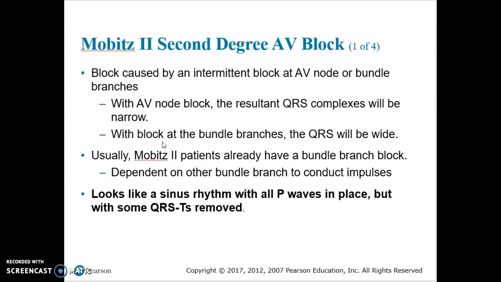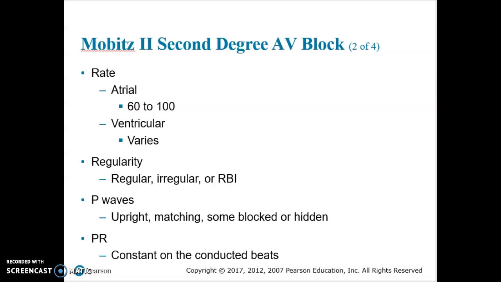So going on over, looking at the criteria, the atrial rate is 60 to 100. The ventricular rate varies. It's less than the atrial rate due to the dropped beats. It can be regular or irregular or regular but interrupted.